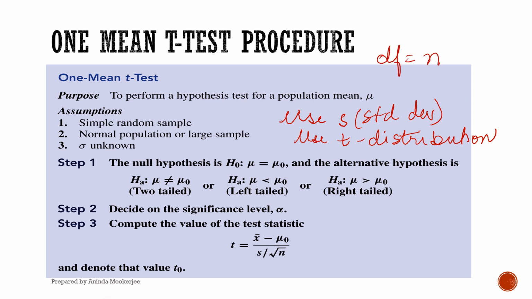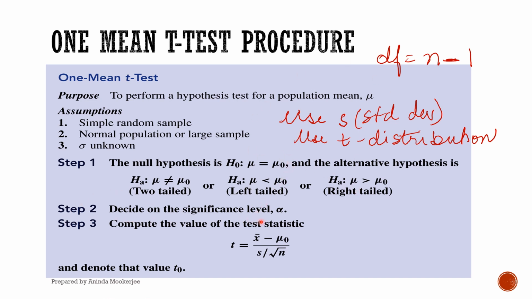For a one population mean, DF has the formula n minus 1, in other words, sample size minus 1. The steps essentially are the same. The first step is the null hypothesis and alternate hypothesis statements, stated the same way as in the z-test procedure.